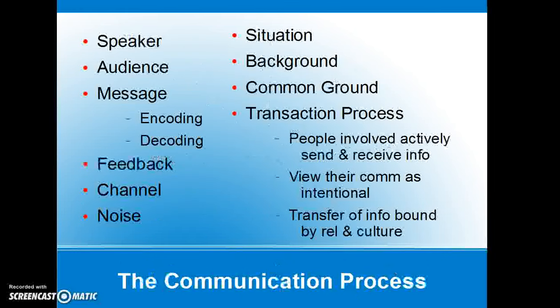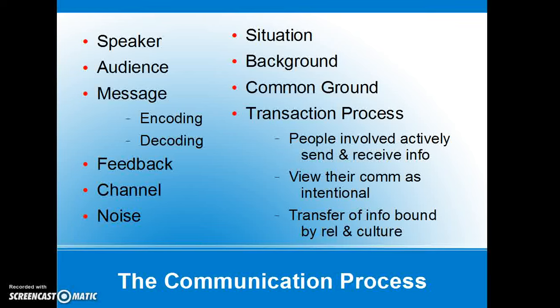The chapter goes on to talk about the communication process, which is the most basic idea of what public speaking or what communication is. So it talks about how there's this entire circle of things that happen when a speech or a communication occurs. So it starts with the speaker encoding, so creating a message and sending it through a channel to the receiver.